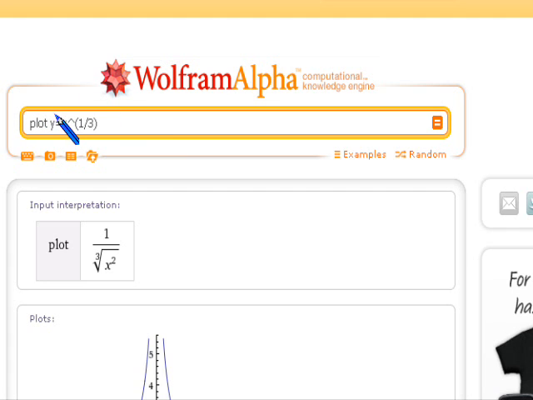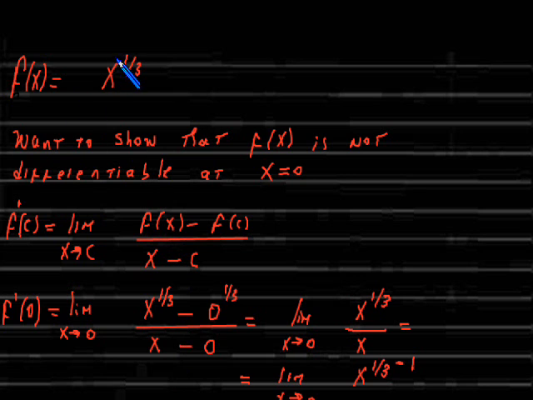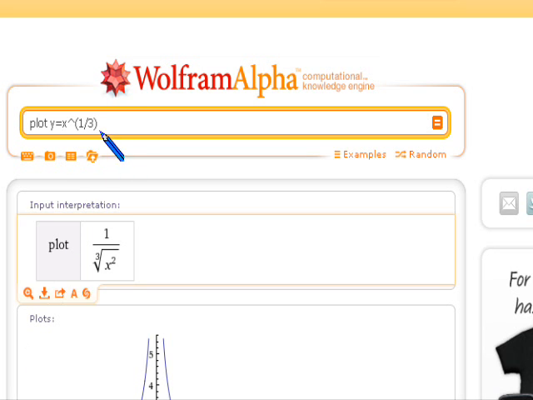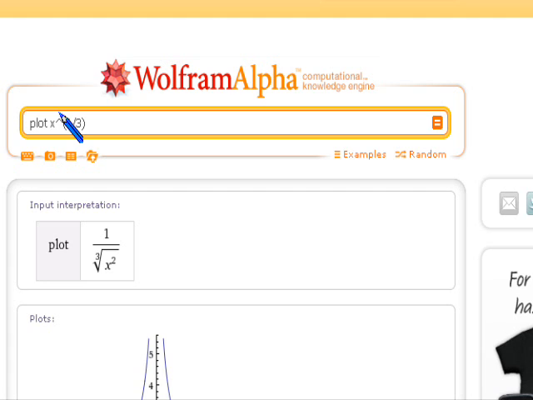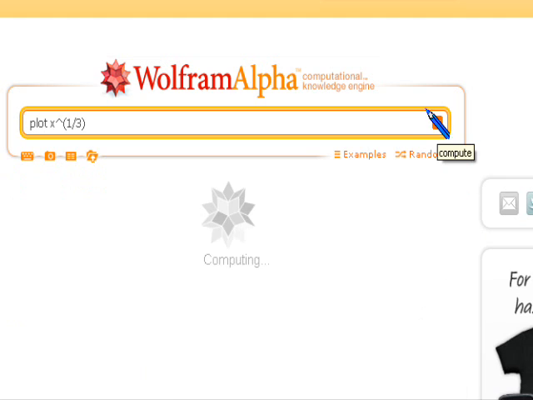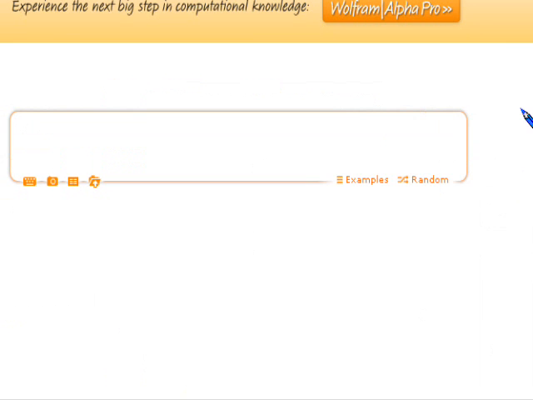This is telling Wolfram Alpha to plot for me the function y is equal to x to the 1/3, which is the function that we were working with over here, as you see. Now, as I said, I don't actually have to write y equals. I can just write x to the 1/3, and Wolfram Alpha will know which function I am talking about.